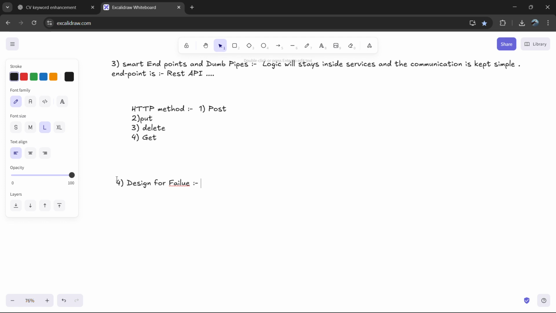Suppose a service might crash. Suppose you create a service, a service might crash, a network may go down, or a database might become unavailable. The principle of design for failure says that the system should always assume something will go wrong and be prepared for it.